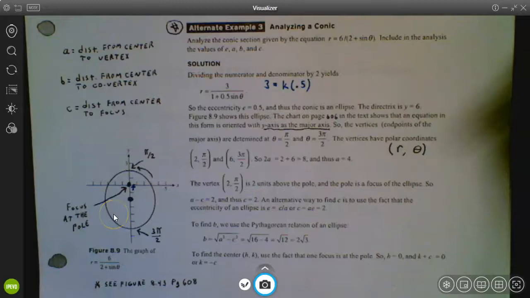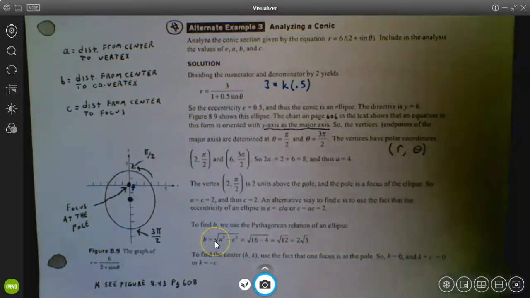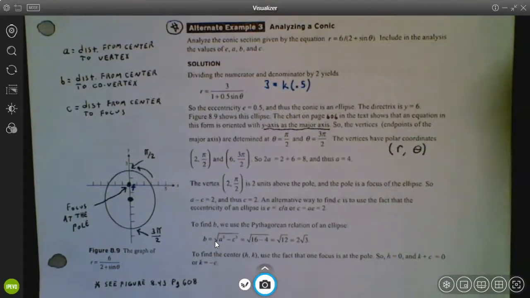And as far as getting the B value, we're going back to our Pythagorean theorem formula. They call it a Pythagorean relation, so it's not exactly the Pythagorean theorem formula, but it's obviously connected to it. So I'm using my A squared minus C squared in order to figure out what B is, right? And so that's where they came up with the B value.